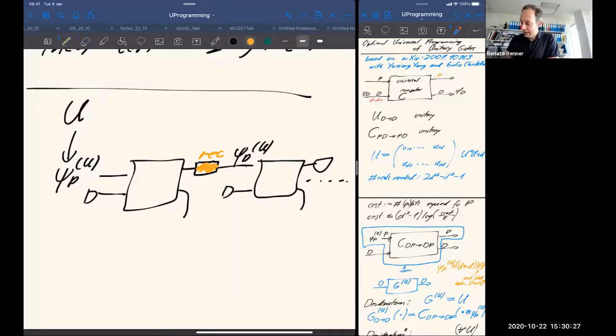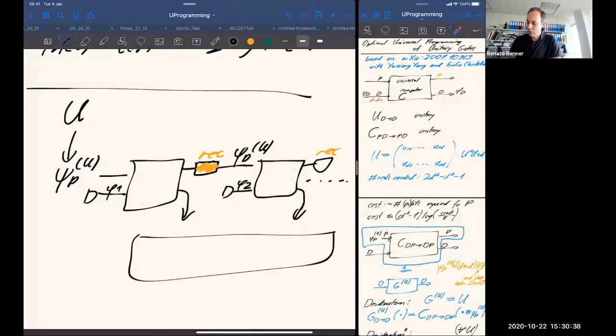If we do that many times, we could collect the output of the computation for different inputs: an input phi 1, phi 2. So what we have here is U applied to phi 1, U applied to phi 2, and as often as we repeat it, we would have all these outputs. And if we have the same unitary applied to different states, we could of course, by clever measurements, reconstruct the unitary, or at least a good guess for the unitary.